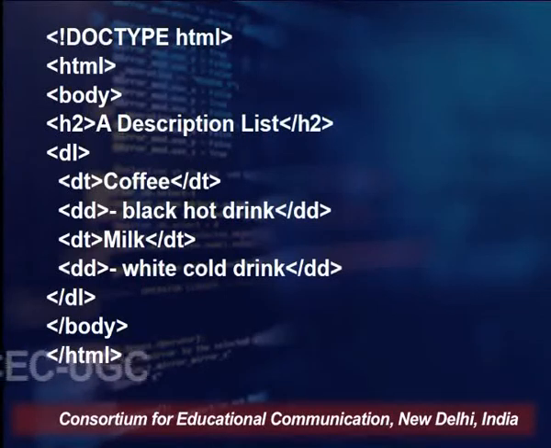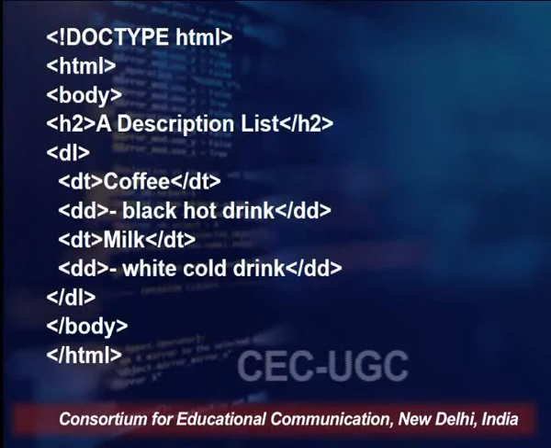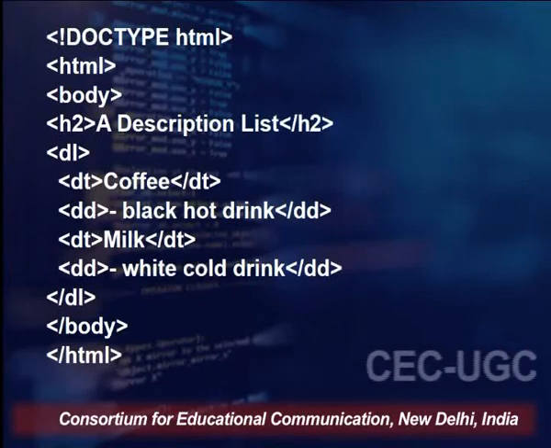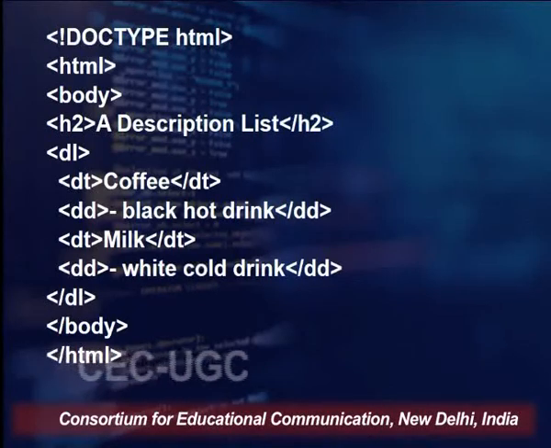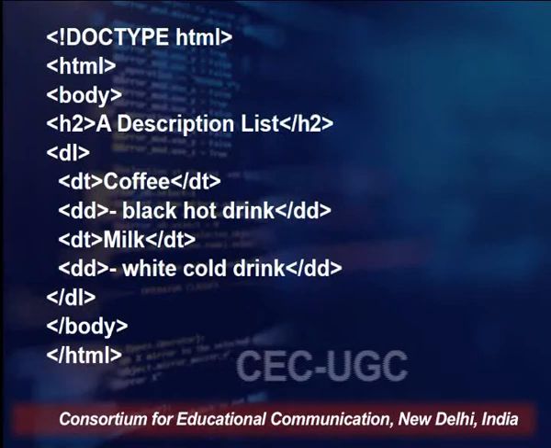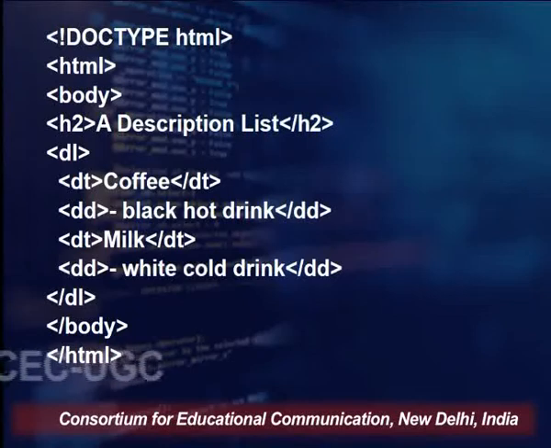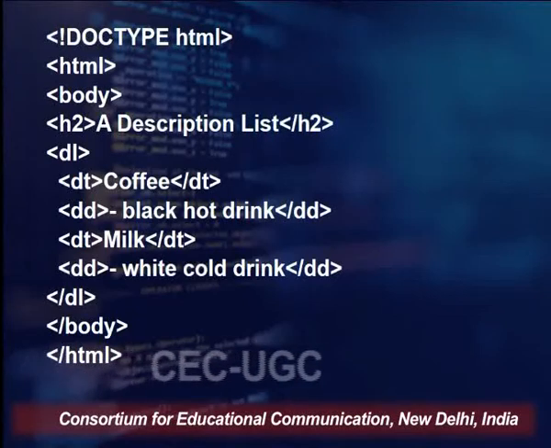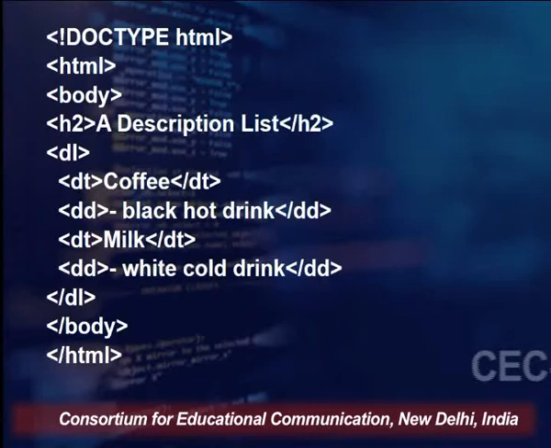So before coffee that is DT opening, and after coffee that is DT closing. That is the term of that particular list. Now whatever description we want to write, here we have written a very short description which is just the black hot drink, and that description is written inside the opening and closing of the DD tags.